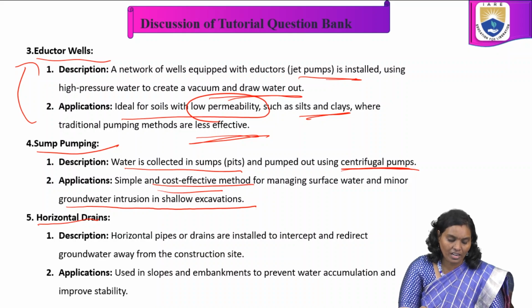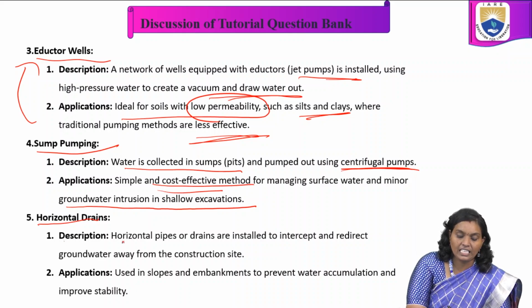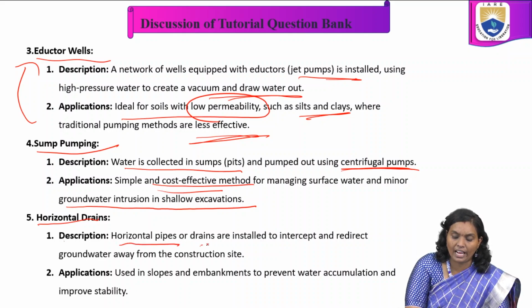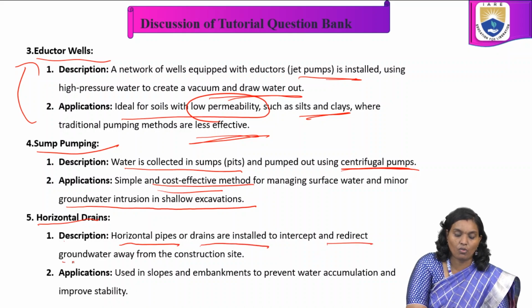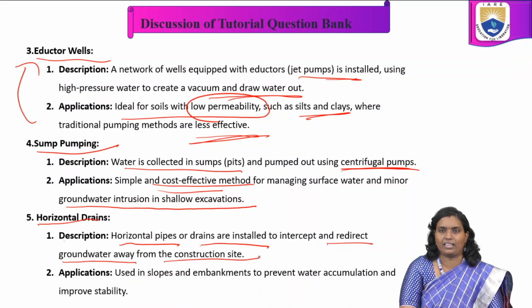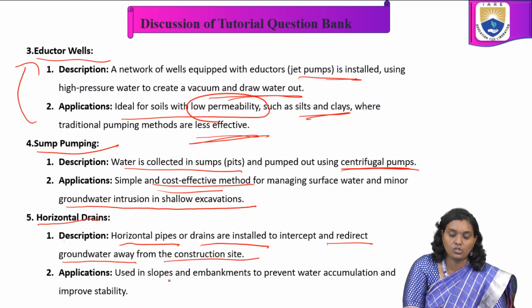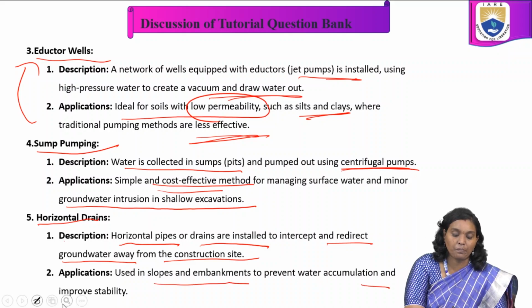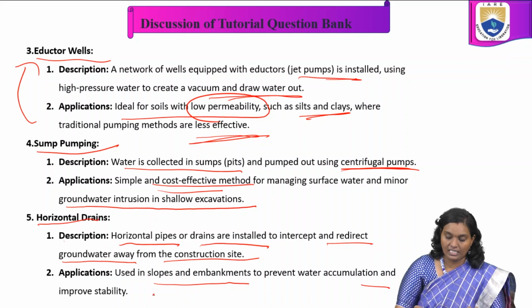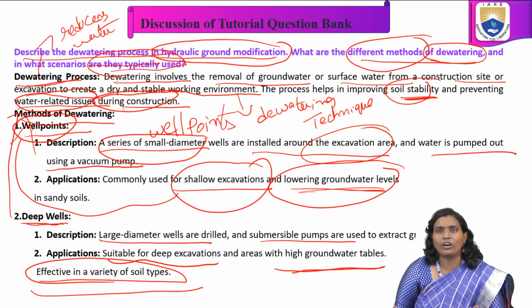And also horizontal drains. In these, horizontal pipes or drains are installed to intercept and redirect groundwater away from the construction site. These horizontal drains are used in slopes and embankments to prevent water accumulation and improve stability. So these are the various methods we choose for dewatering.